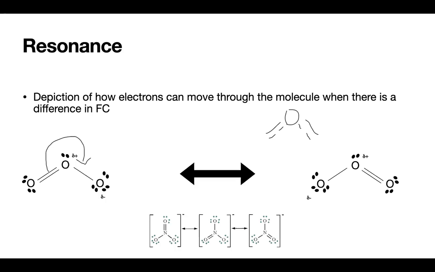Because of the way it's drawn, it can be drawn three different ways. One with a double bond on top, one going to the left, and one going to the right. And all of those are accurate representations of nitrate, and they're all switching back and forth as time progresses, basically.